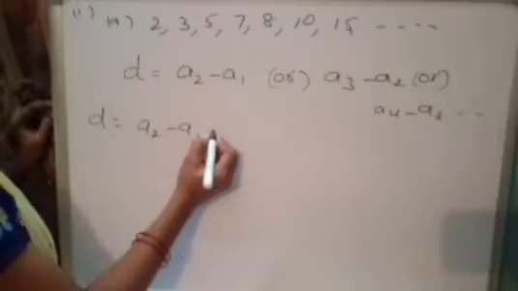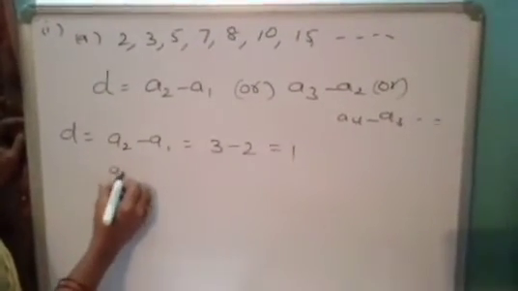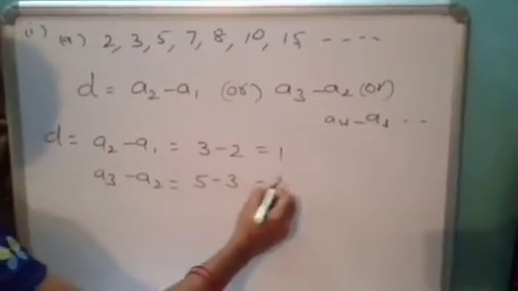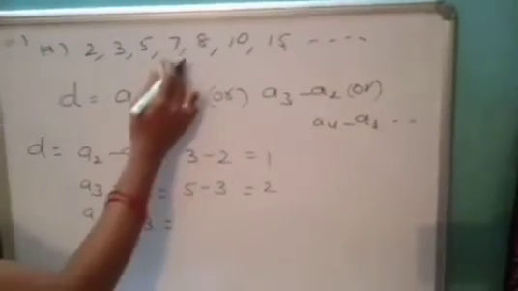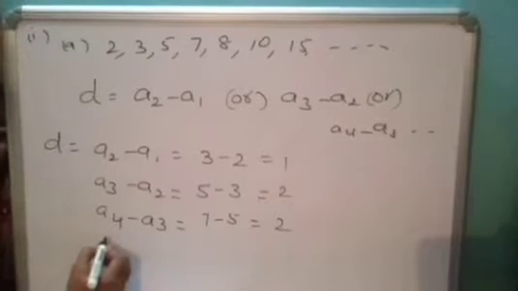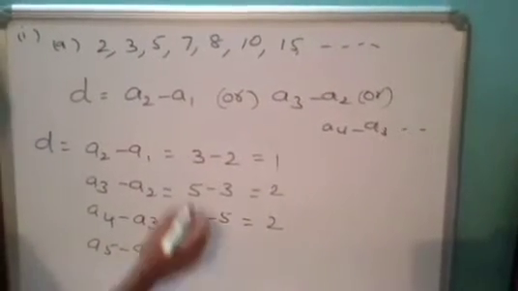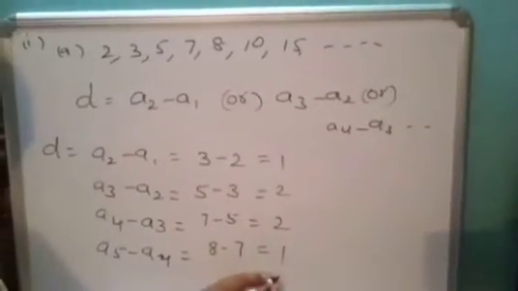First, d equal to a2 minus a1 equal to 3 minus 2 equal to 1. a3 minus a2 equal to 5 minus 3 equal to 2. a4 minus a3 equal to 7 minus 5 equal to 2. a5 minus a4 equal to 8 minus 7 equal to 1 and so on.